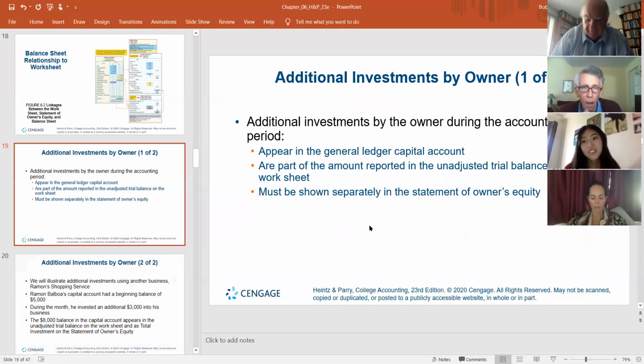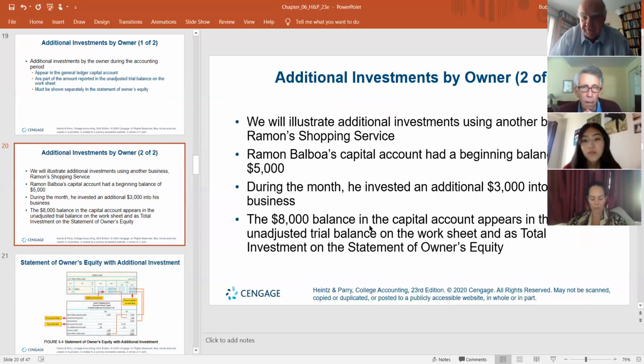And now what are they talking about here? Balance sheet, additional investments by owners. Well, we know that the owner can always invest more money in his business. So we might have an initial investment and then a later investment. That's what they're going to talk about here. We'll illustrate other business investments. Now we're in Ramon's shopping service.